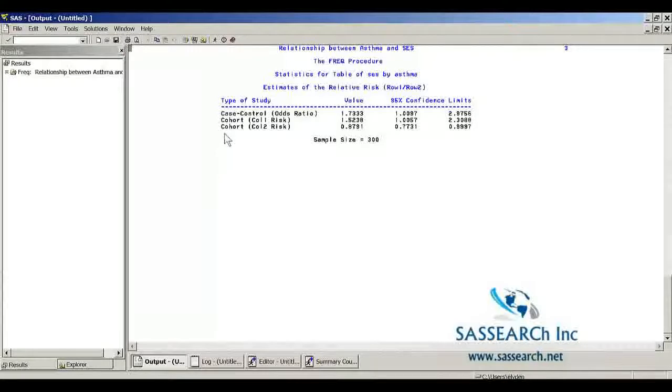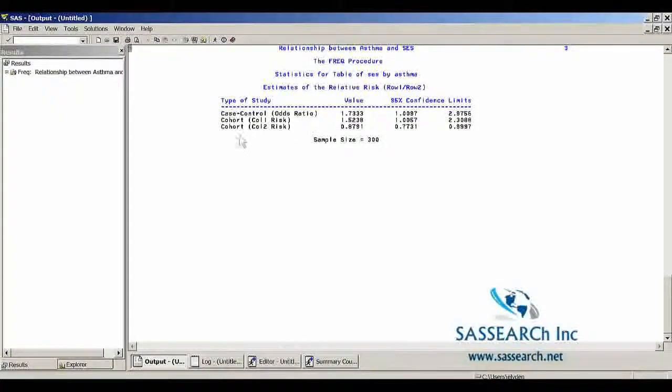And then this last entry for cohort column 2 risk, which is equal to about 0.88, it is not the inverse of 1.52. What this relative risk means is that the risk of not getting asthma among subjects with low socioeconomic status is 0.88 times the risk of not getting asthma for subjects with high socioeconomic status.